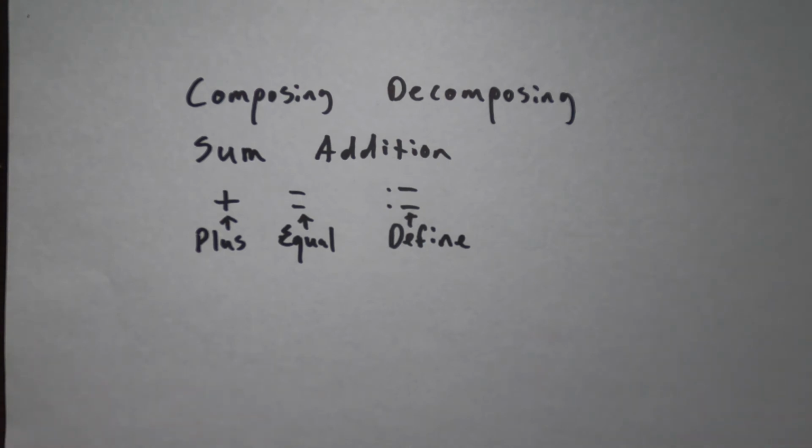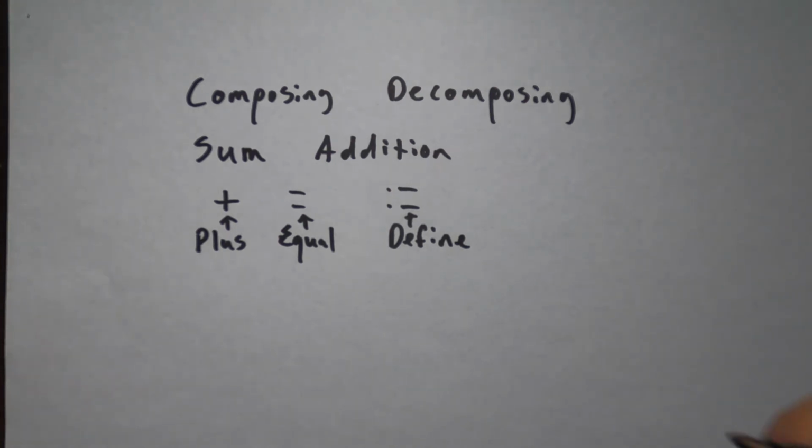Now, what I would like for you to do is, on your own, compose numbers and decompose those numbers. Find the sum of numbers, add numbers together, and once you get your final answer when they're combined, then try to decompose that number into different numbers.